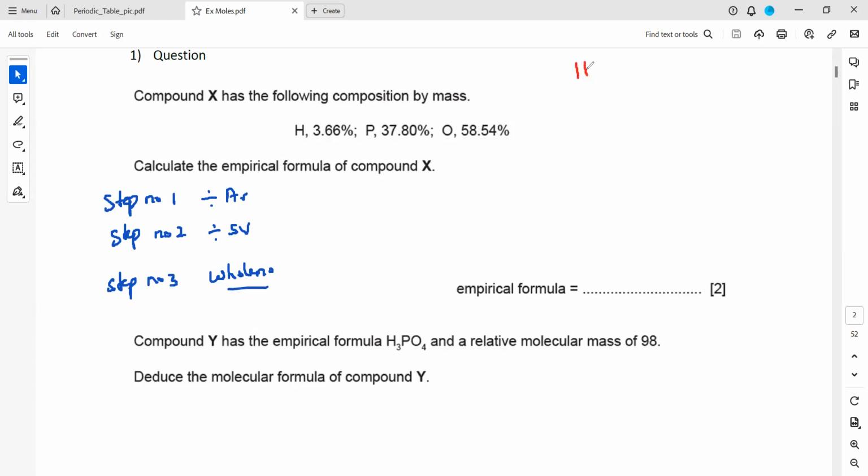So first we have hydrogen, phosphorus, and oxygen. We have 3.66 hydrogen, 37.80 phosphorus, and 58.54 oxygen. What's the first step? The first step is to divide by atomic mass. What is the atomic mass of hydrogen? You can use a periodic table.